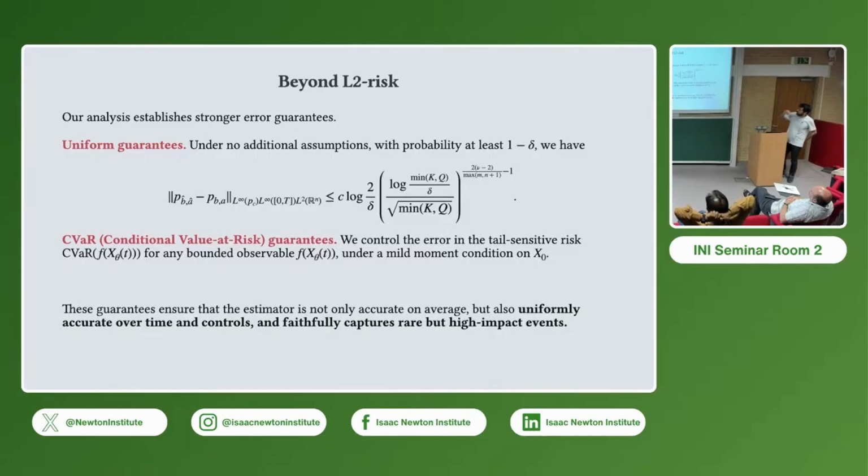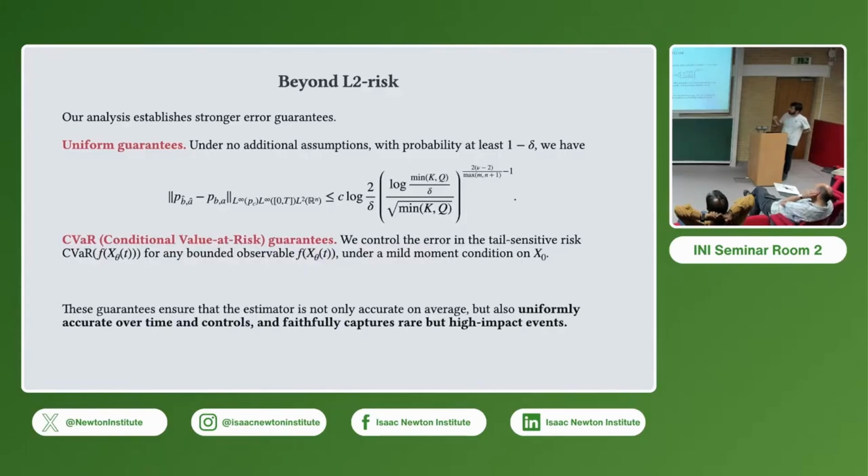And so I obtain this rate, which is for a stronger norm, but I lose minus one in the rate. So that's the cost of trying to have guarantees for stronger norms.